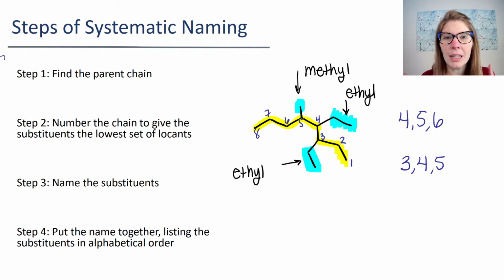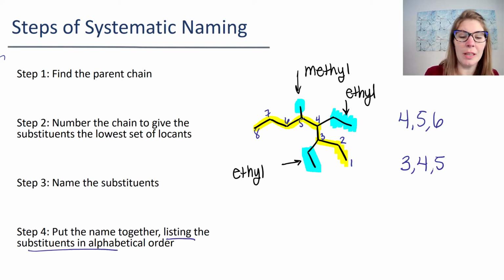When we put the name together, we list the substituents in alphabetical order. So the ethyl will come before the methyl because E comes before M. Now, notice how you have 2 ethyls. You need to tell the reader where both of those ethyls are. One is at the 3 position and one's at the 4 position.